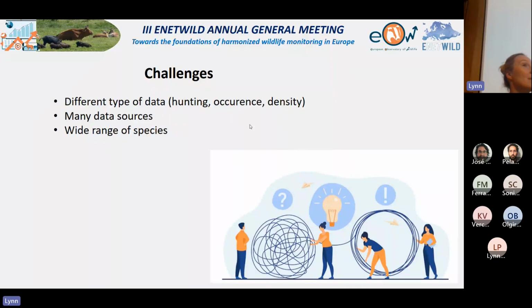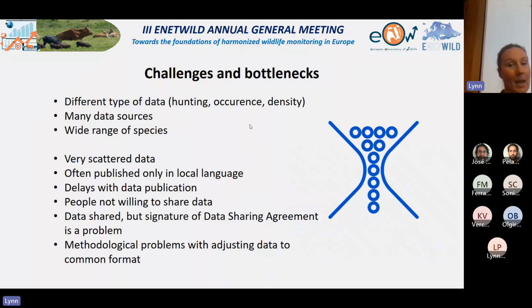Also, the thing which is our advantage and disadvantage on the other hand is the wide range of species. We are covering many different species. We are trying to get as much as possible. But both those things are overlapping, so we do have some bottlenecks.